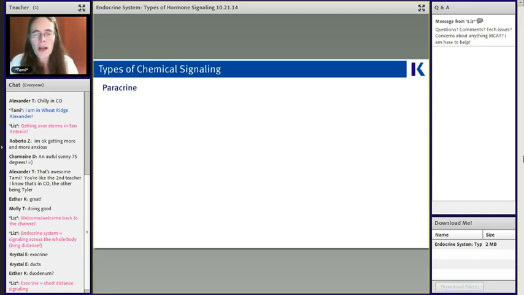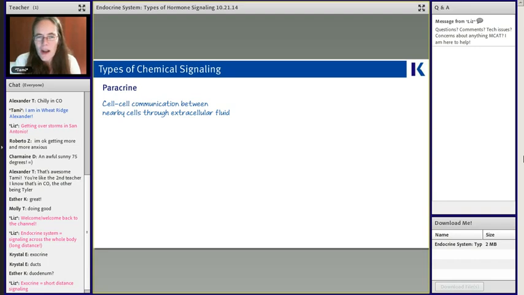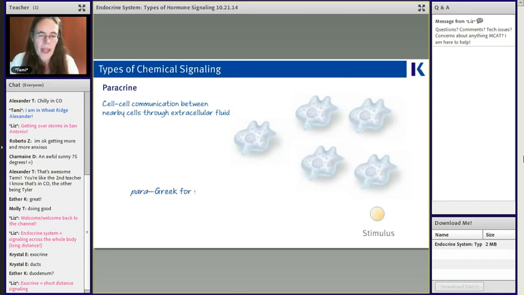So when we talk about the paracrine system, paracrine is cell-to-cell communication, but this is nearby cells. So these are cells that are not touching each other, but they're very close by. And this happens through all of our extracellular fluid. Big thing we need to remember here is para is Greek for side by side, okay, being near each other.